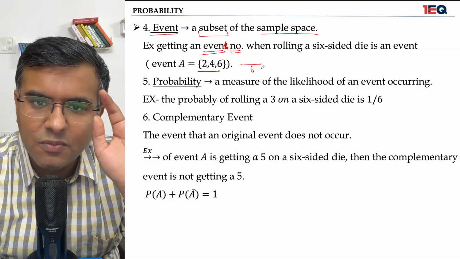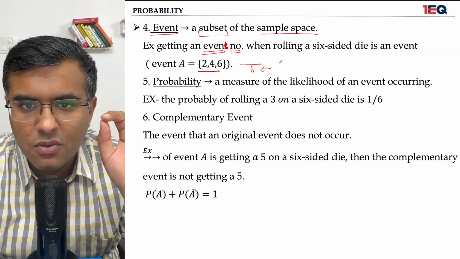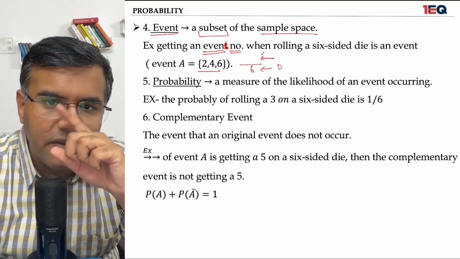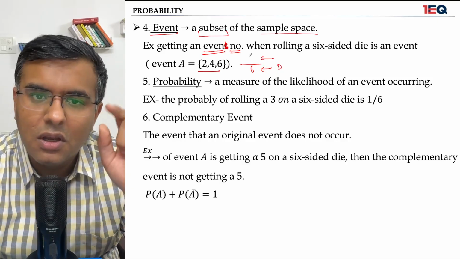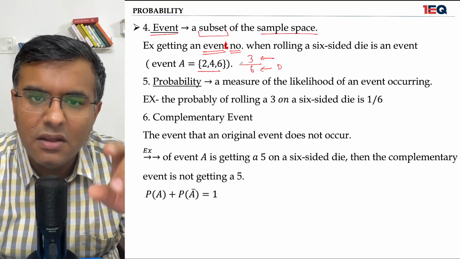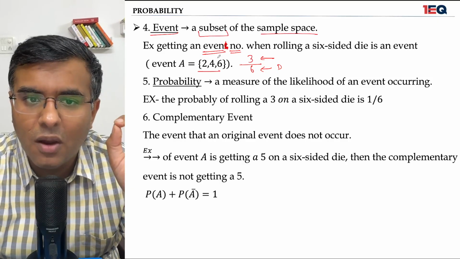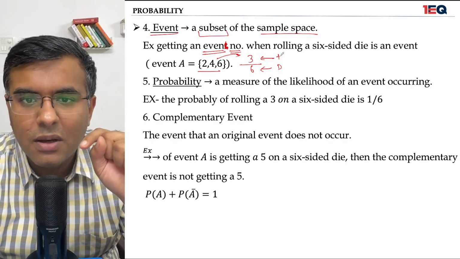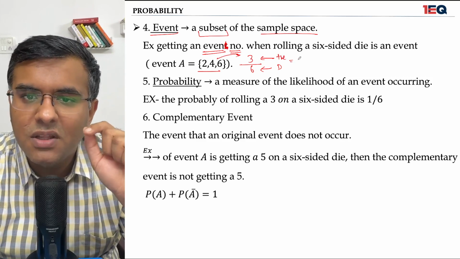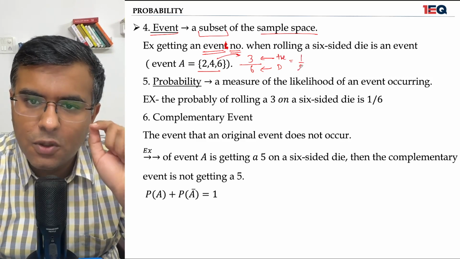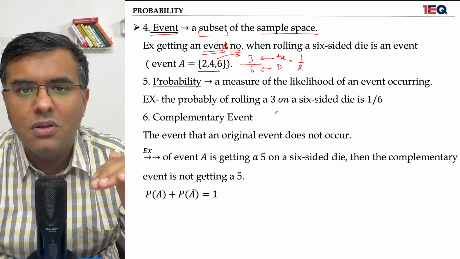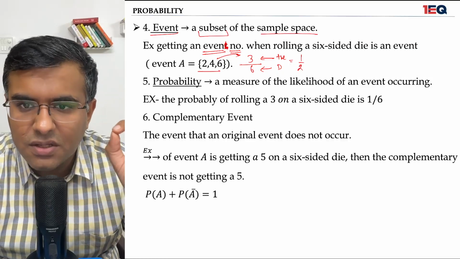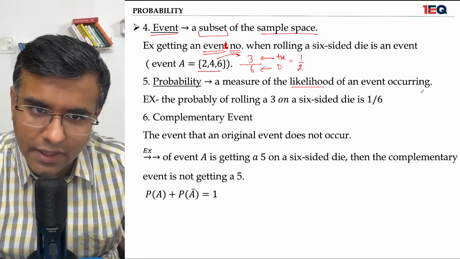So the total number of observations goes in the denominator, and the event which is favorable to you comes in the numerator. The number of favorable outcomes comes in the numerator, and this would give me the probability, which is equal to 1 by 2.